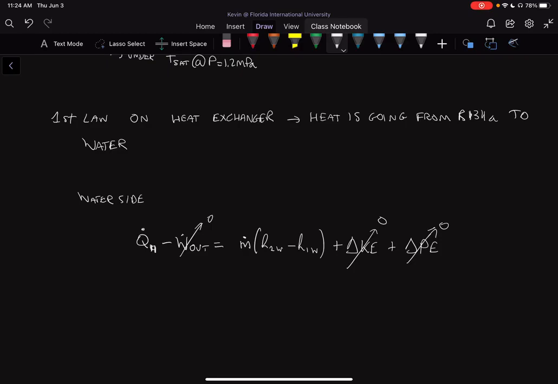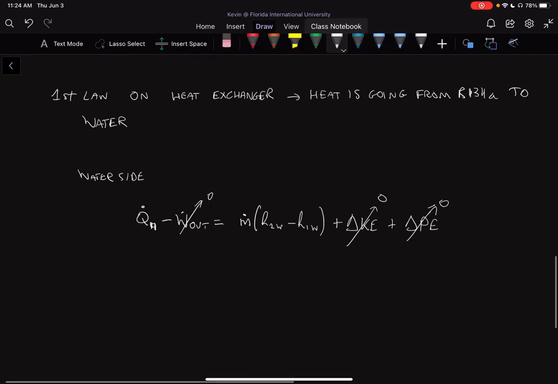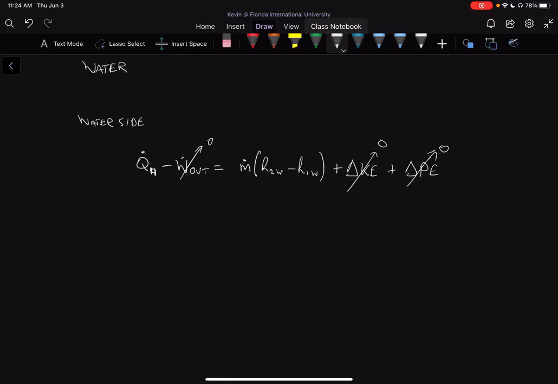There's no moving parts. Okay, so if we look at the water system by itself, essentially what's happening is our water is coming into the condenser at 18 degrees, leaving at 26 degrees. So the water is going this way. And within the heat exchanger, there's some Q dot H from the R134A, just isolating the system in itself.